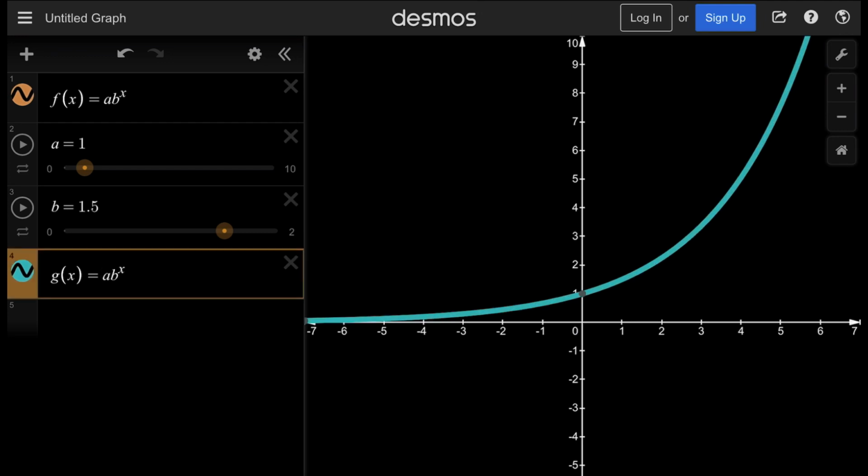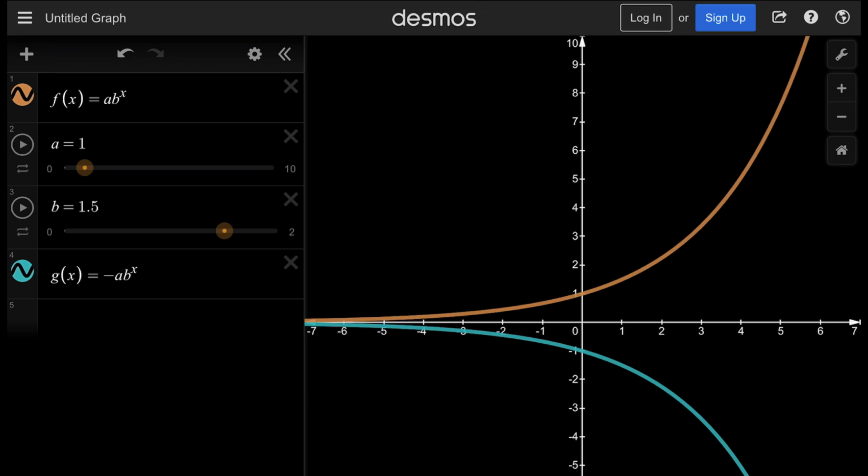So we're going to do that over here. In front of a, I'm just going to put a negative. Okay, can you now see how this function is being reflected? Compare this orange function to the now reflected blue function, and hope you can see that reflection happening in the x-axis.